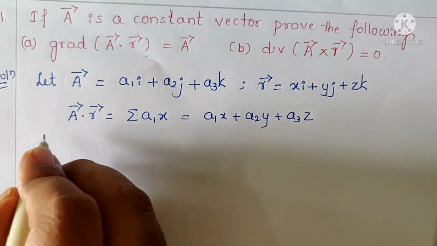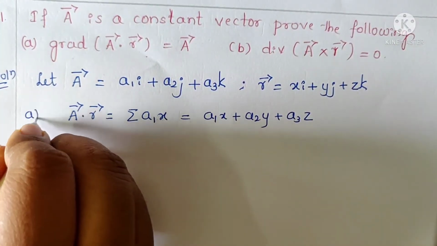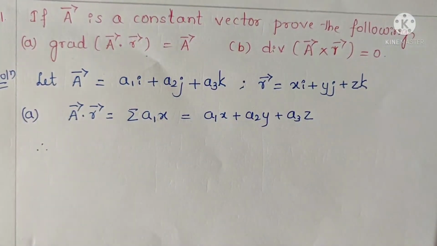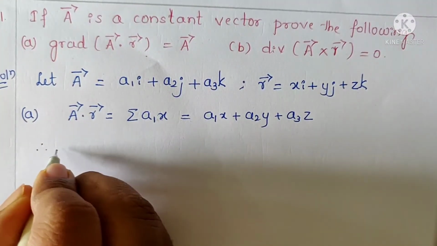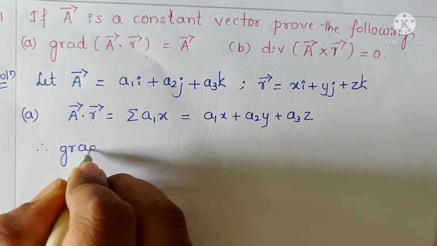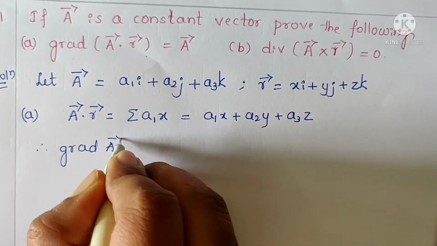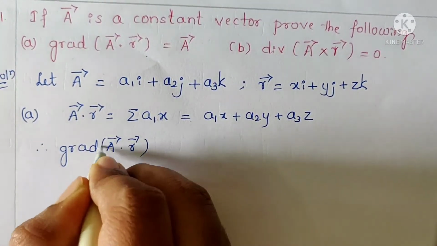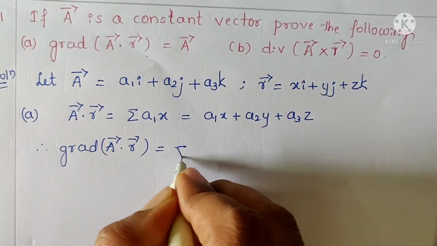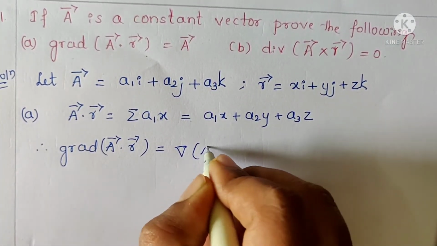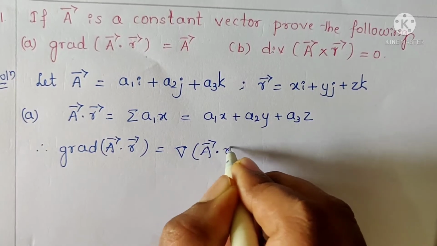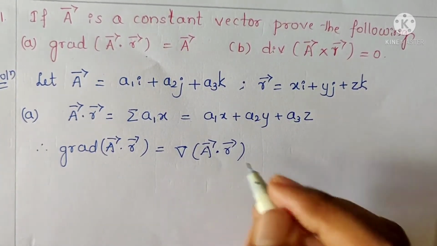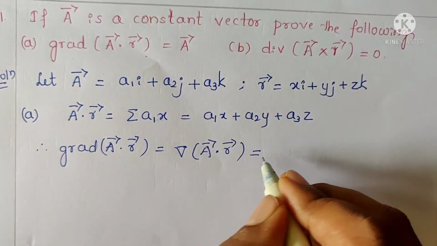Now this is the first example, A. We solve the gradient of A dot R. So the gradient of A dot R is nothing but del into vector A dot vector R. What is del?